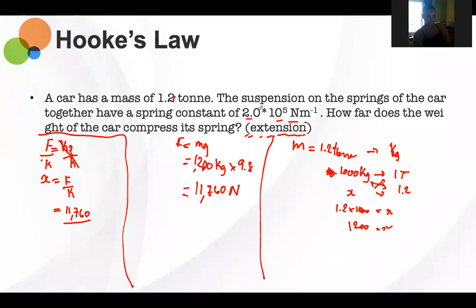So we have our spring constant, our k. Now we know about standard form. We know how to change standard form to regular form. So we have 2.0 times 10 to the 5, right?